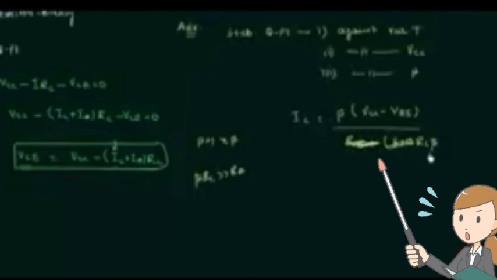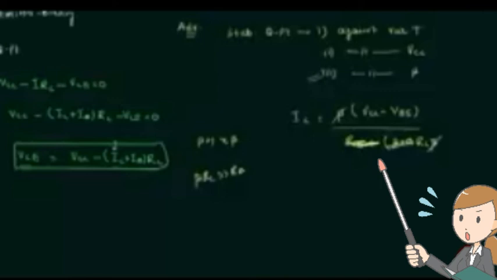So we are left with RC multiplied with beta in the denominator, and the beta in the numerator will cancel this out. You can see the expression is independent of beta value. So this is the third advantage of the collector feedback configuration.